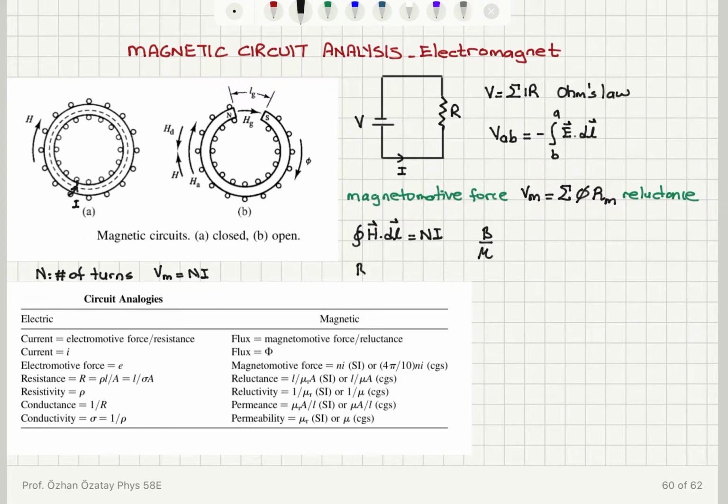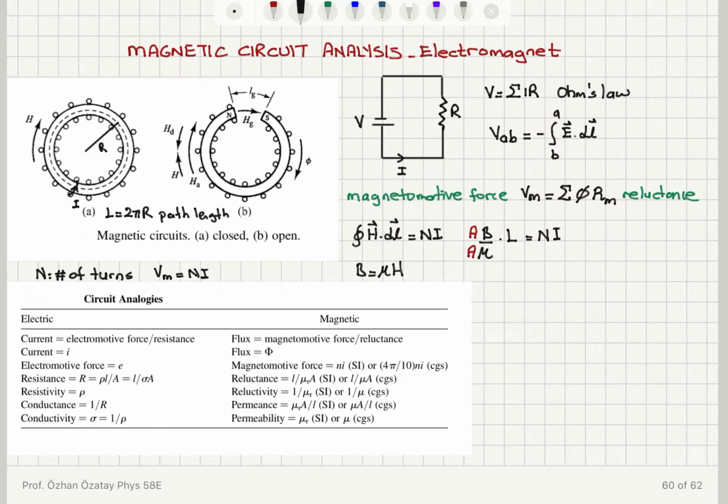So B is equal to mu H: permeability times the magnetic field is the magnetic induction B. The length of the path, if you consider the radius vector R here, L would be equal to 2 pi R. So B over mu multiplied by the total path length L must be equal to N times I. If I multiply the top and bottom with area, what would I obtain?